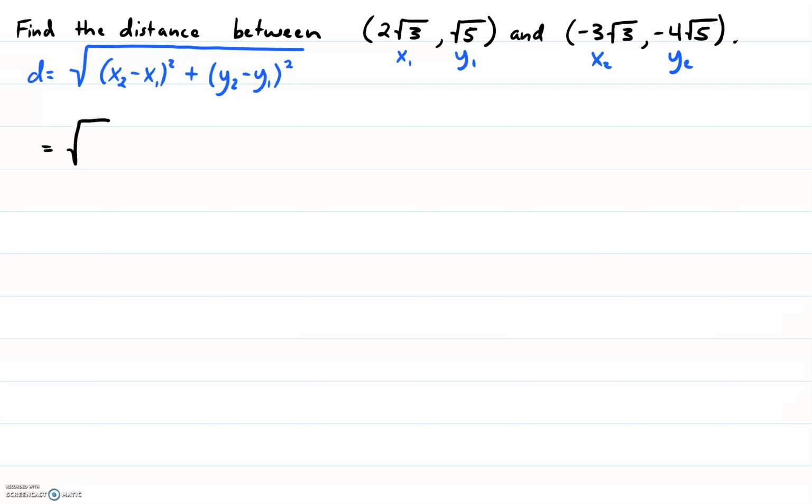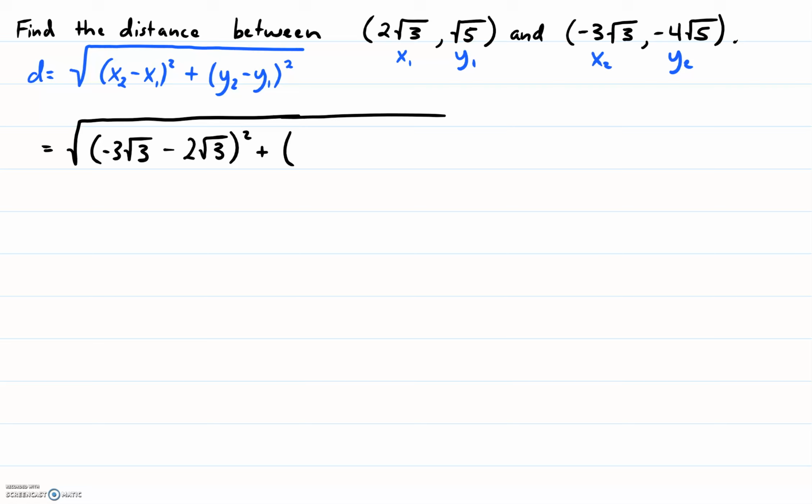In the place of x2, we're going to put negative 3 square roots of 3, minus x1, which is 2 square roots of 3, and that's going to be squared. Plus, instead of y2 minus y1, we're going to have negative 4 square roots of 5 minus the square root of 5, because those are our values for y2 and y1, squared.